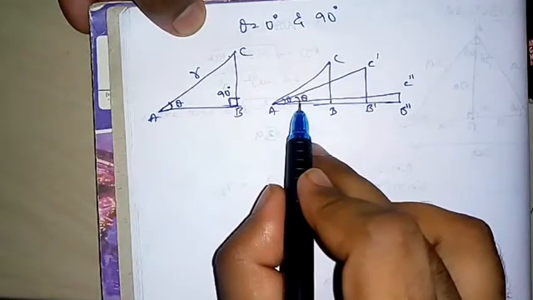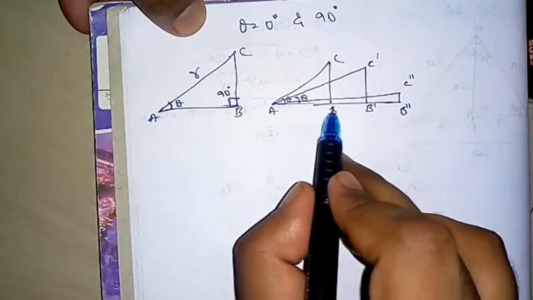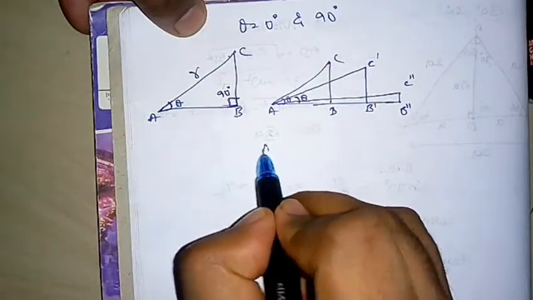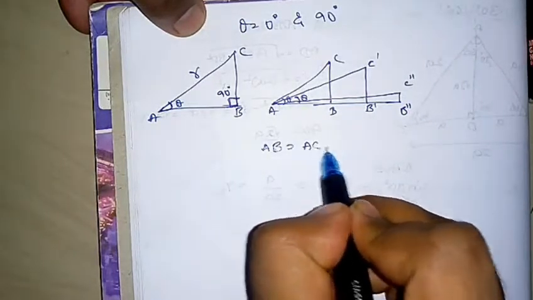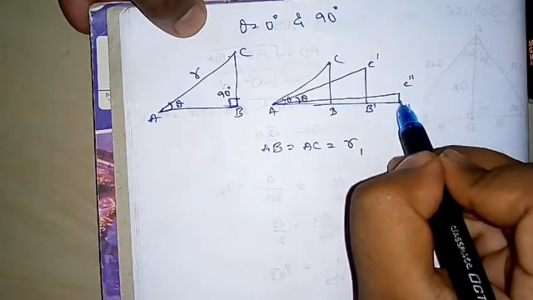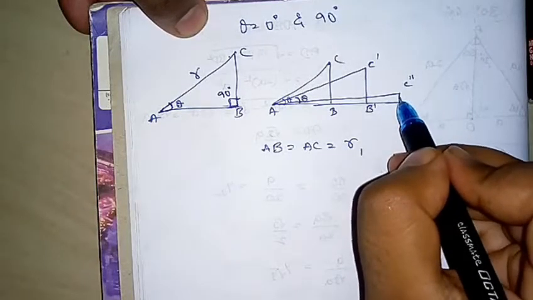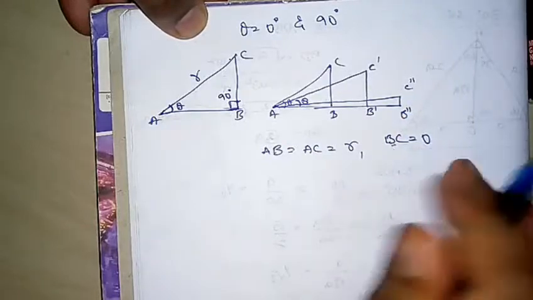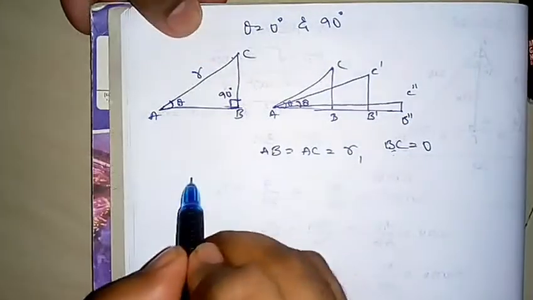So finally, if you make theta equal to 0 degrees, here C coincides with B. At that time AB will be equal to AC, which is equal to r, and the length of line segment BC will become 0, since B and C coincide. Now let's find sin theta.